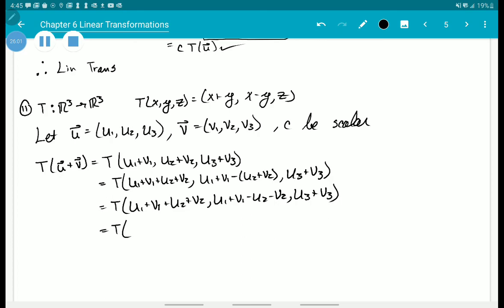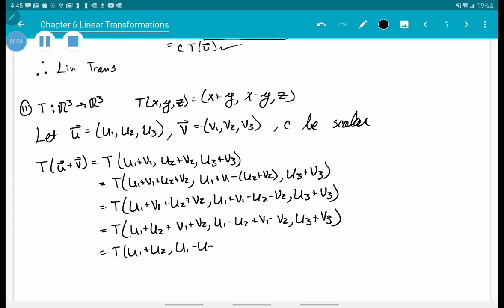So if I were to group all the U stuff together, so this is T of U: first component plus second component, first component minus second component, and then third component.